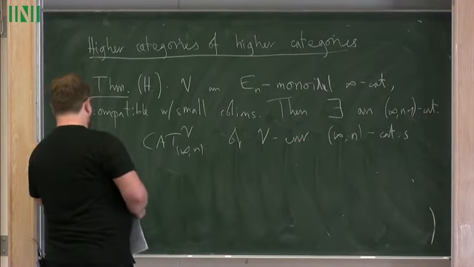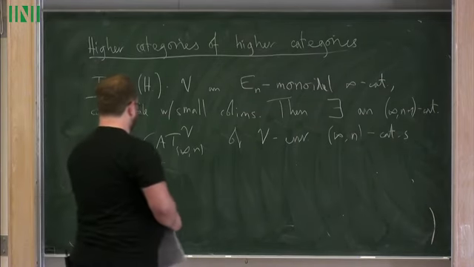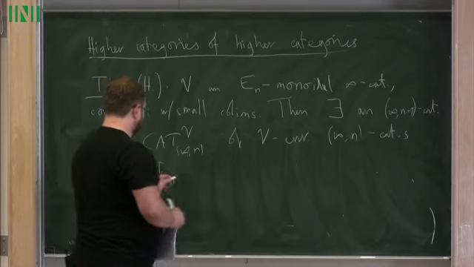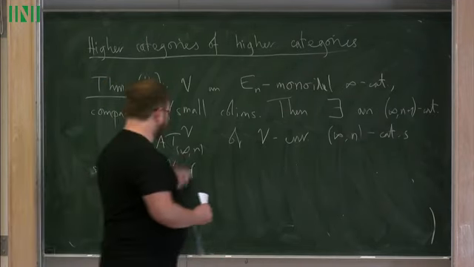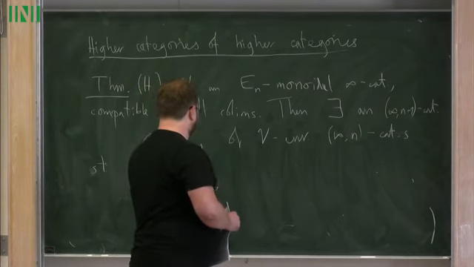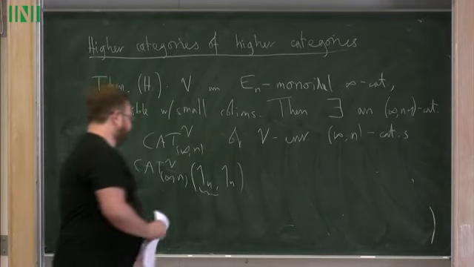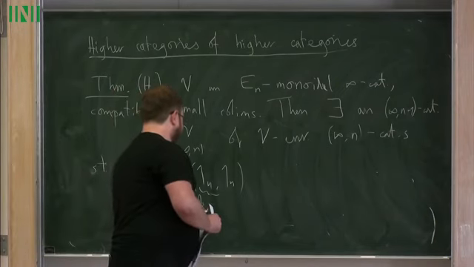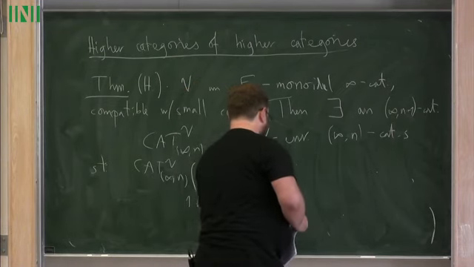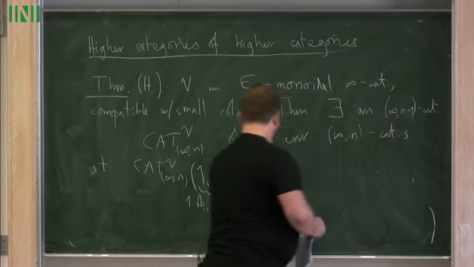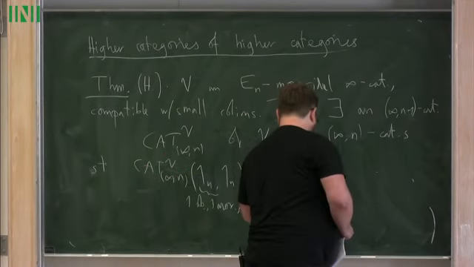And with the property that if I look at the infinity n-category of morphisms in this infinity (n+1)-category from the object 1_n to 1_n, where 1_n denotes the n-category which has one object, one morphism, and so on all the way up to (n-1)-morphisms, and then at the top level the n-morphisms are given by the unit in V.